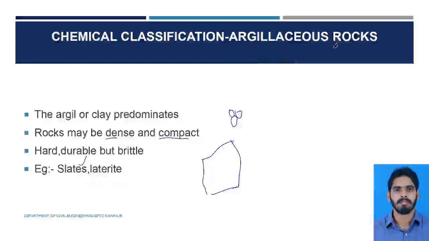It is an argillaceous rock. In first standard you will be using that slate, and on it you would be writing and starting your studies. So remember, it's an argillaceous rock.